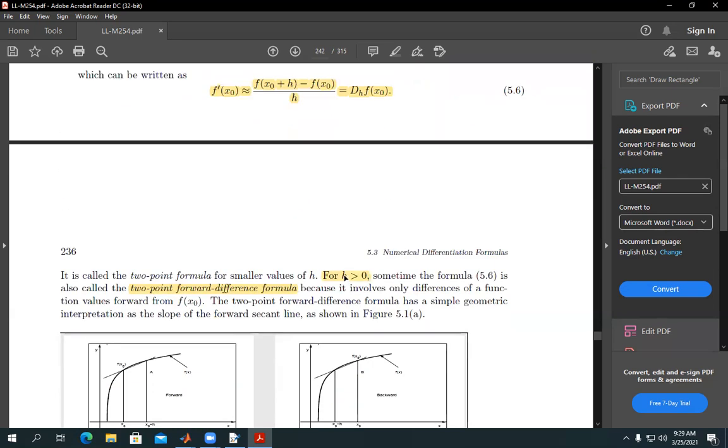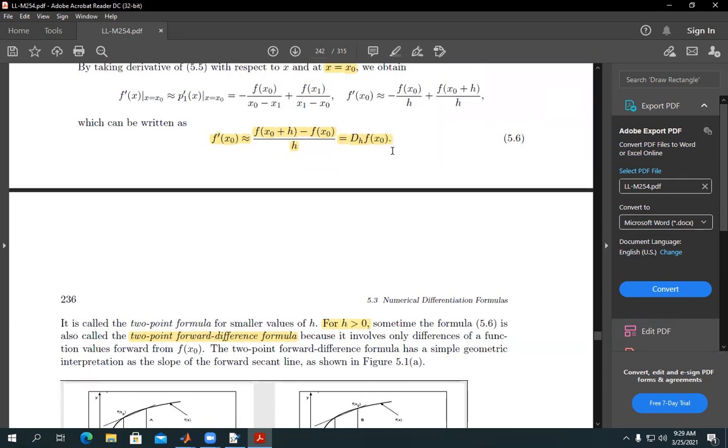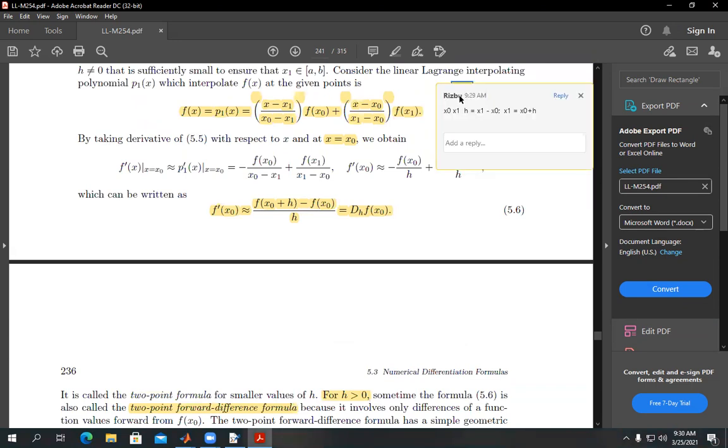But if your h is negative, for example, the table is given like this: x minus 1, x naught, and x1. You are always given x naught.